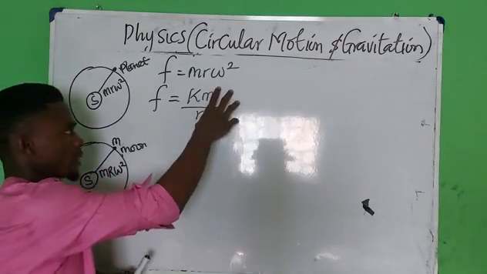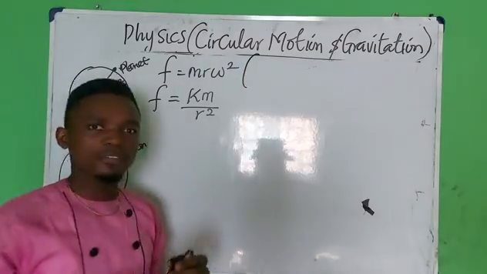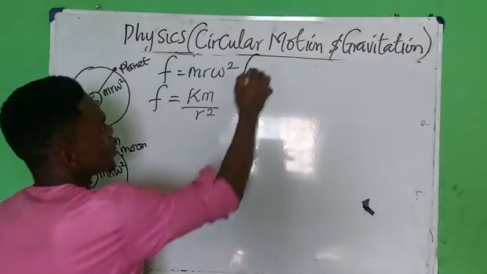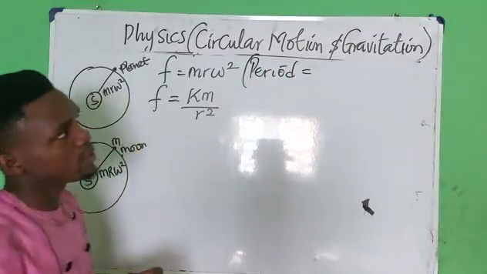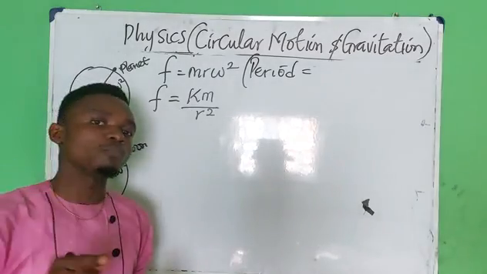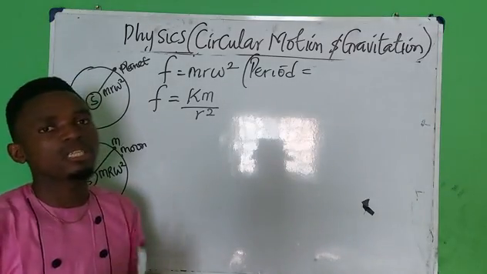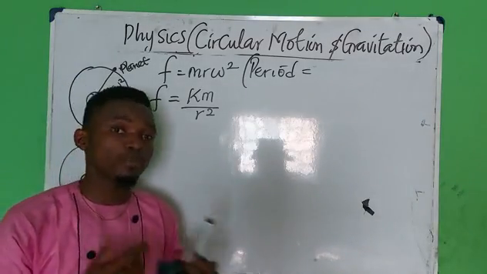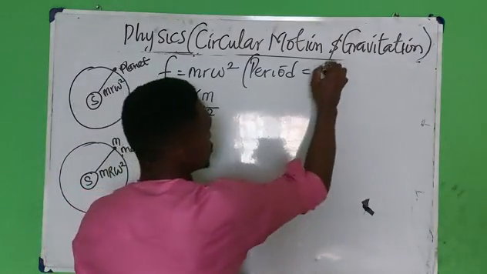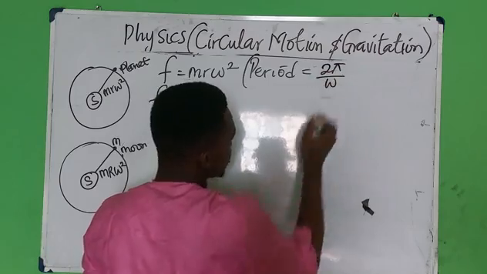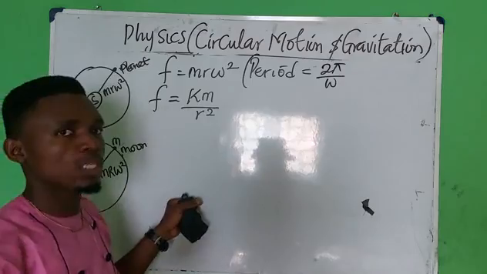From what we've gotten already, I have not given us the period, let me do that now. What is the meaning of period? Period means the time taken for a body to make one complete oscillation, or the time required by a body or a wave particle to make one complete oscillation, and it is given as 2 pi over W. However, this W is a symbol, not the normal W you and I know.